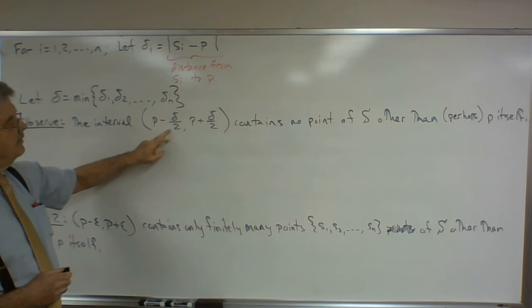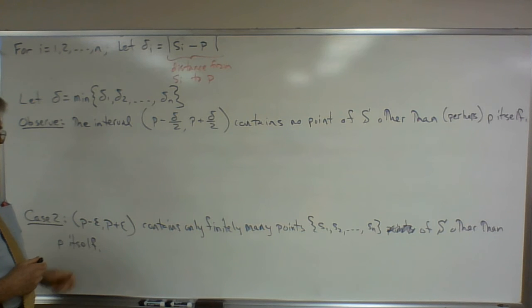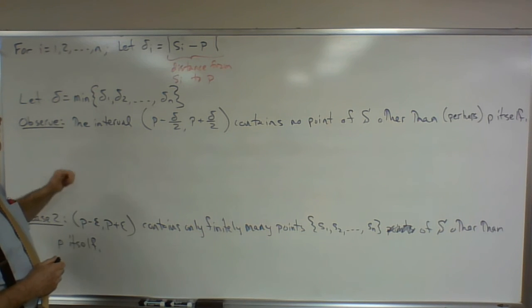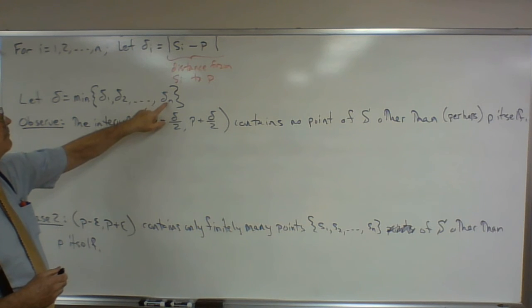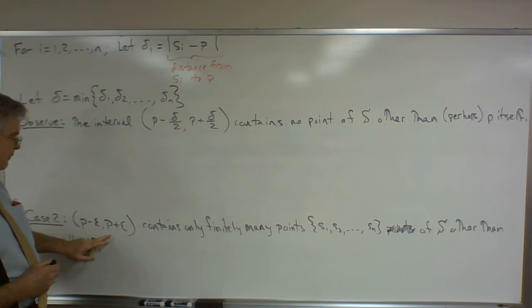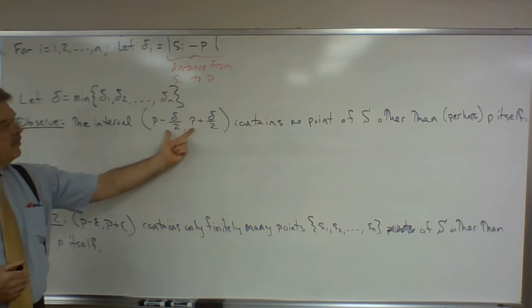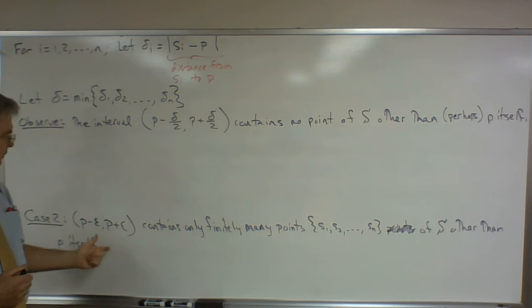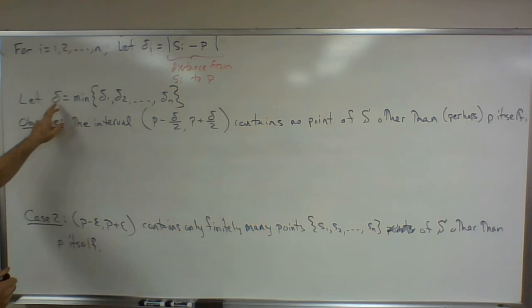And any point in this interval is going to be less than delta over 2 units from P. But delta is the smallest of the distances from the points of S in this interval to P. So any point of S that's in this interval has to be in this interval, and its distance would be smaller than delta. That can't happen.